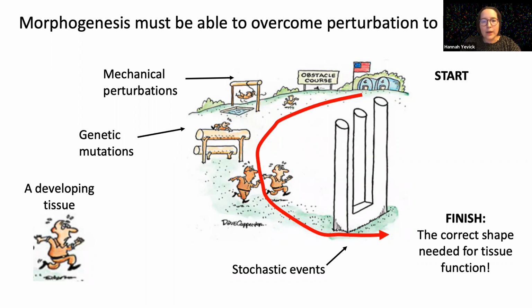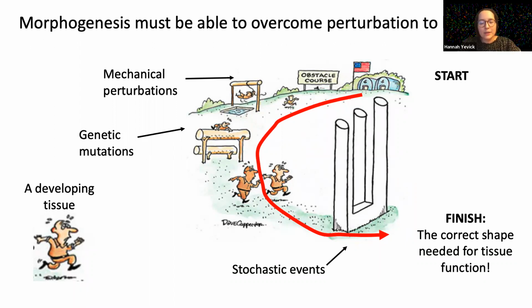And while a lot of work has been done on understanding how robustness is achieved at the genetic or protein level, it's still poorly understood how mechanically tissues are able to respond to perturbation, for example loss of cells, change in cell number, localized damage, or varying protein levels, and adapt the pattern of force in the remaining cells to achieve the correct final tissue shape.